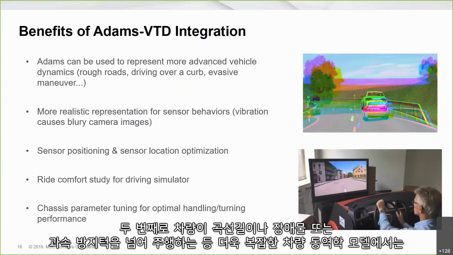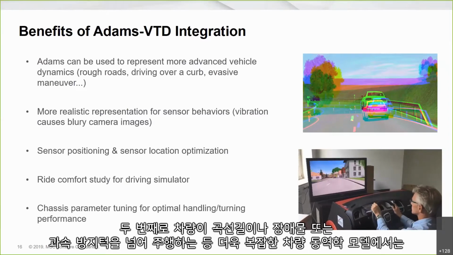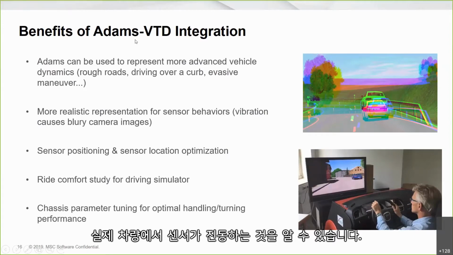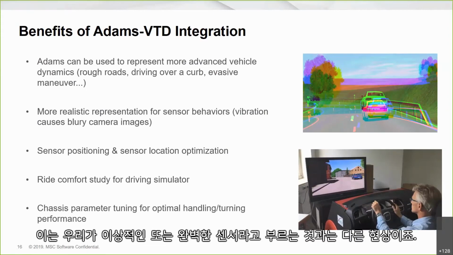Secondly, with those more complex vehicle dynamics, for example when the vehicle is driving over a curb, an obstacle or a speed bump, you will see that with the real vehicle, the sensor is going to vibrate. The sensor is going to behave differently than what we call the ideal sensor or the perfect sensor.